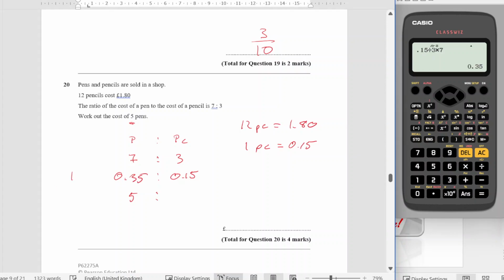So that's one of each. So 1 pencil costs 15 pence and 1 pen costs 35 pence. So the cost of 5 pens would be 0.35 times by 5. So it's going to cost me £1.75. So 5 pens is going to be equal to £1.75.